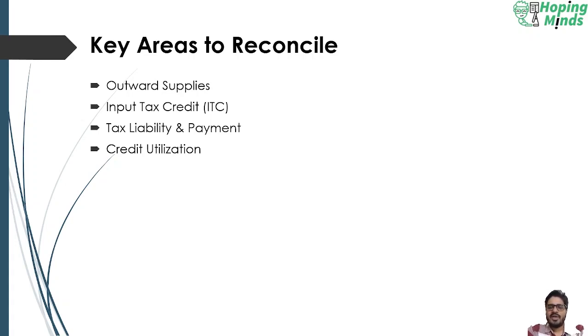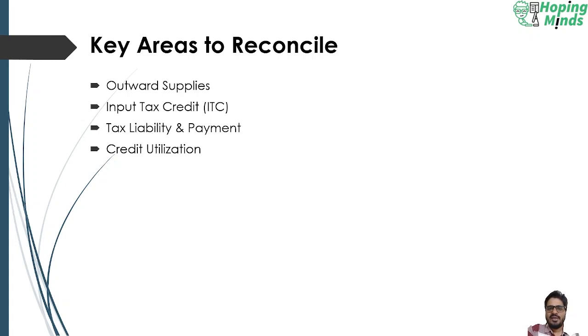Also the input tax credit as claimed in GSTR 3B must reconcile with the GSTR 2B. So two-stage reconciliation is necessary in this case also: one is GSTR 3B versus GSTR 2B and GSTR 3B versus the books of accounts.